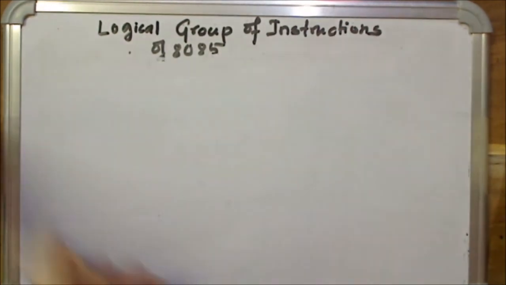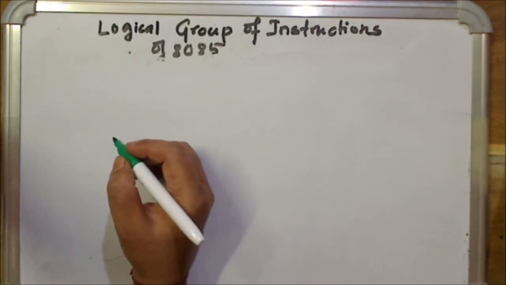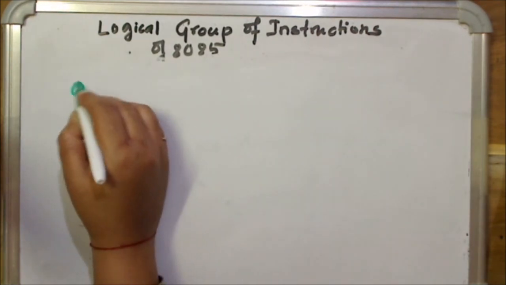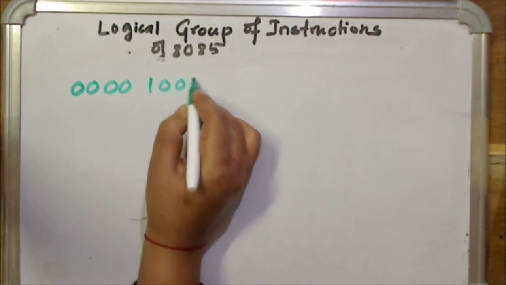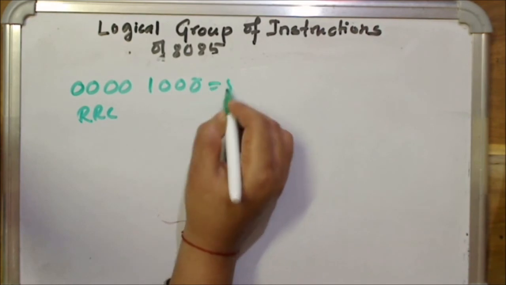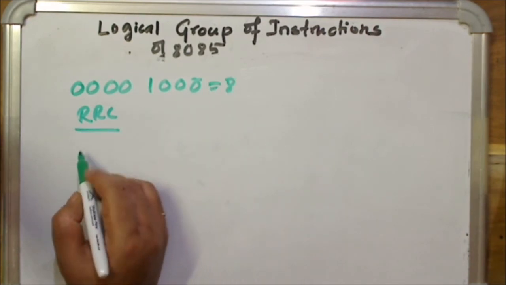Now rotations can also be used for multiplication and division by 2. Remember, the number should be a multiple of 2. Suppose I give you the number 8, which is 0 0 0 0 1 0 0 0. If I use RRC, what will happen?